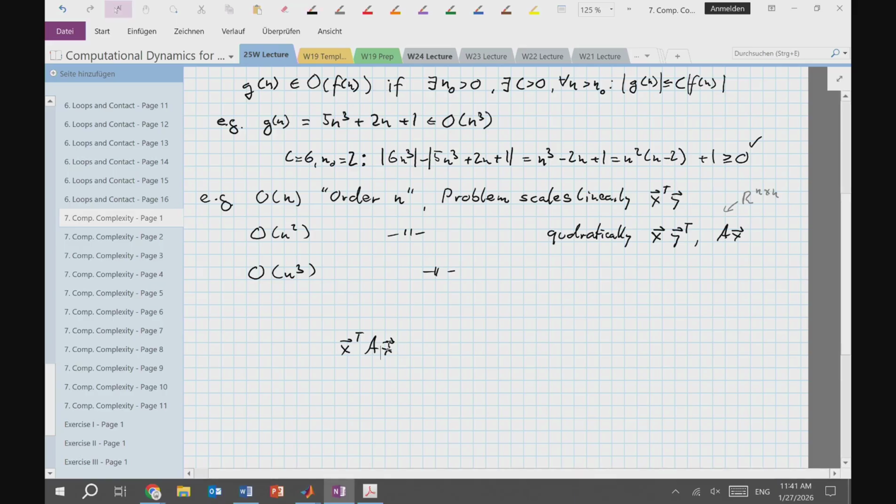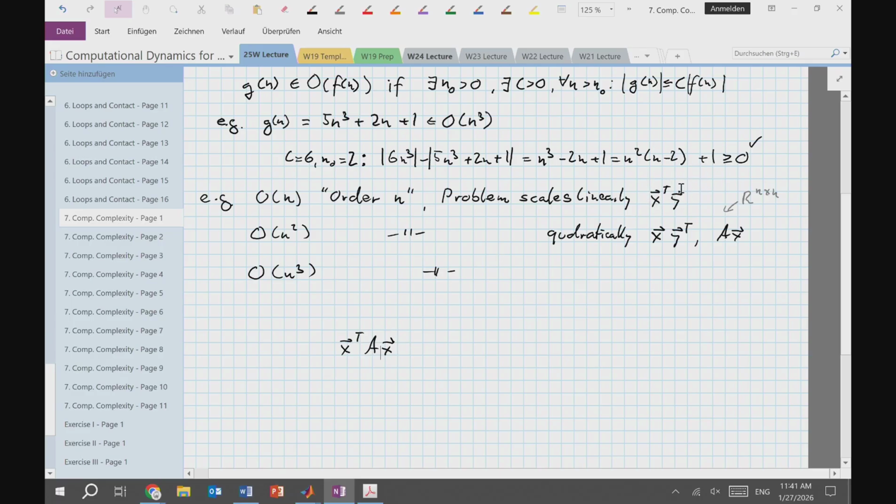If you typically do this by hand, you would first multiply A times x, which, as we just said, is an order n square operation. At that point, I will replace this with a vector, so I then have row vector times column vector.